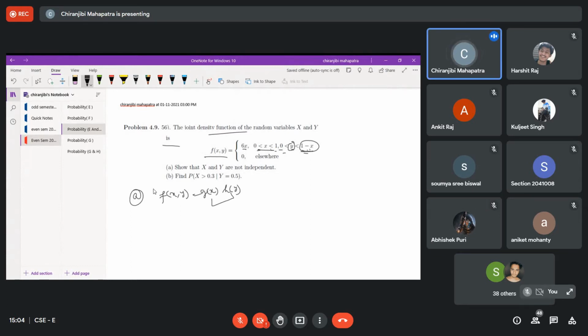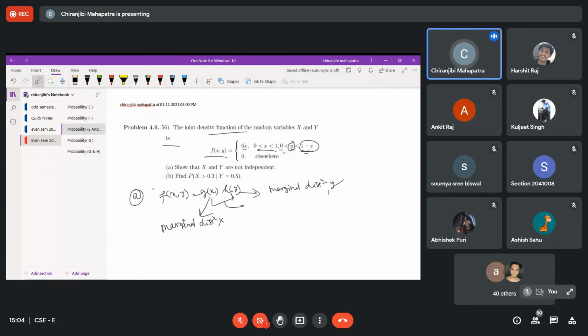What are g of x and h of y? They are the marginal distributions of x and y.